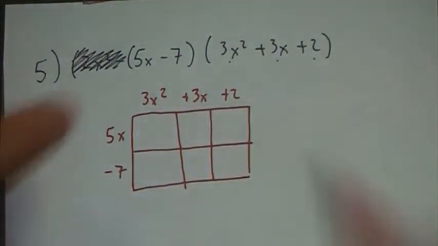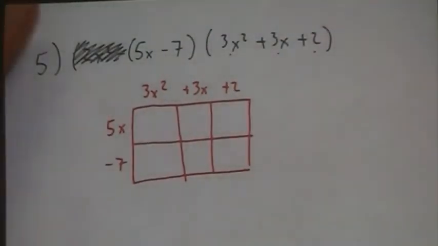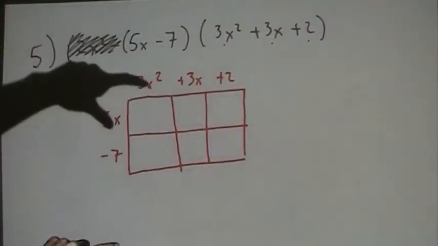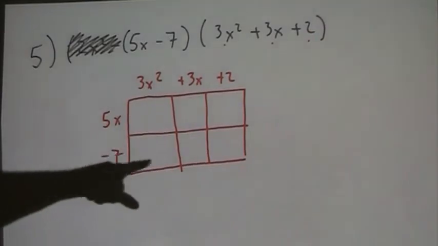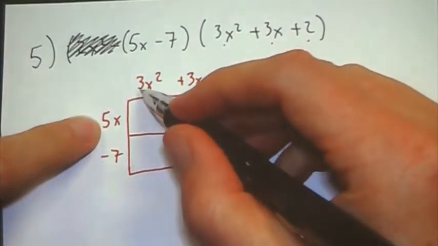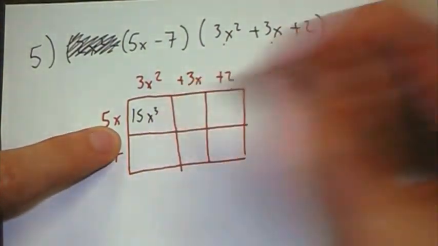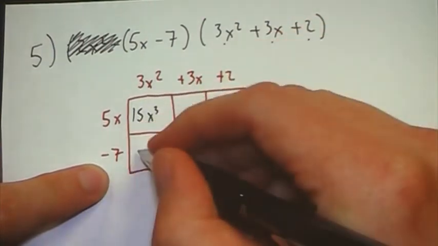So every term has to have kind of their own row or column. Okay. Once you get to here, you're going to just, again, same process, kind of connect the pieces. So we go 3x squared times 5x, number times number, variable times variable. And then just work our way down.